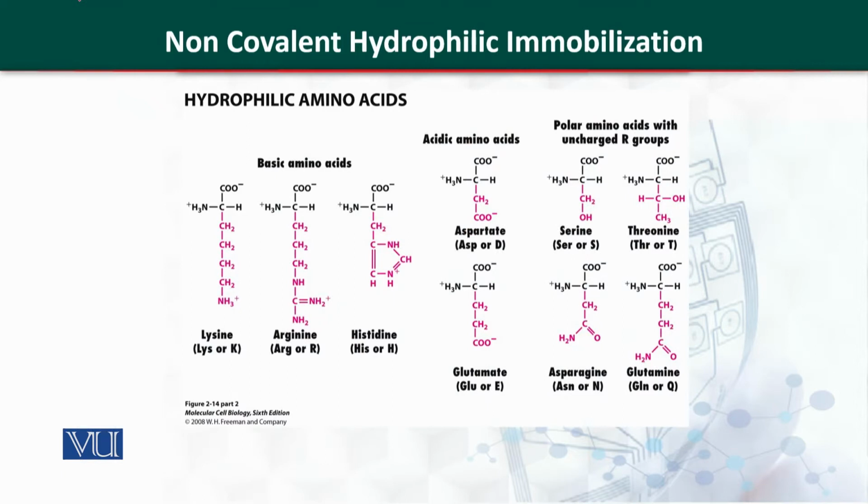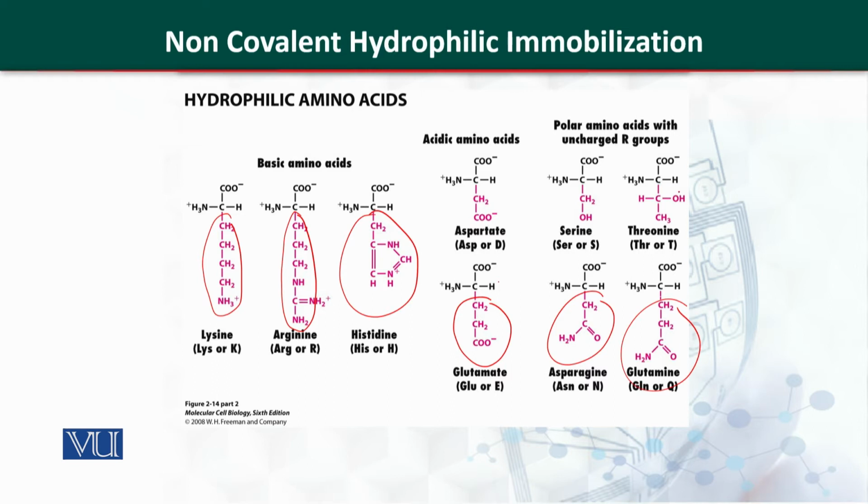In this slide, you can see the structure of a hydrophilic amino acid. In pink color, we can see the tail, which is the R group, the group responsible for determining the hydrophobicity or the hydrophilicity of the molecule. The side chains which I have encircled are very important for the hydrophilic character.